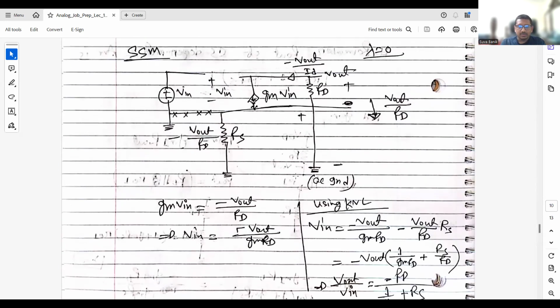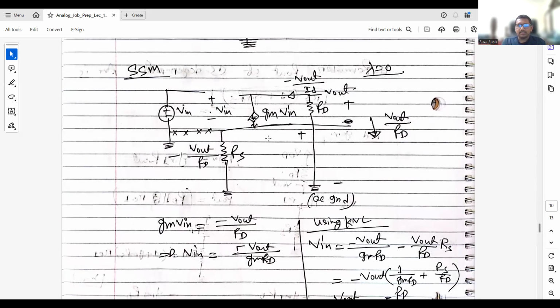You can also calculate this gain from here. For example, if the input is zero here, and you consider a voltage V out, this V out voltage should be drained to AC ground. If there is a current, from Ohm's law, consider this current going downward.